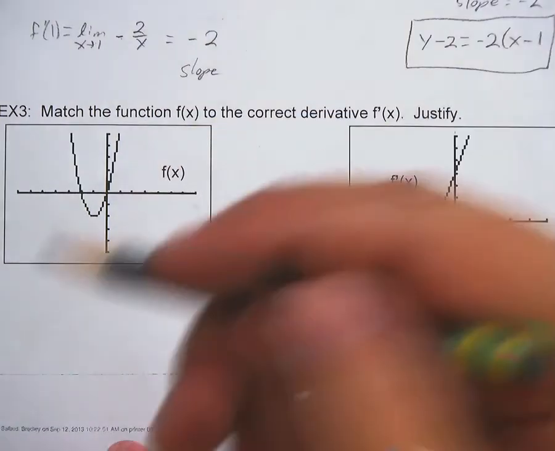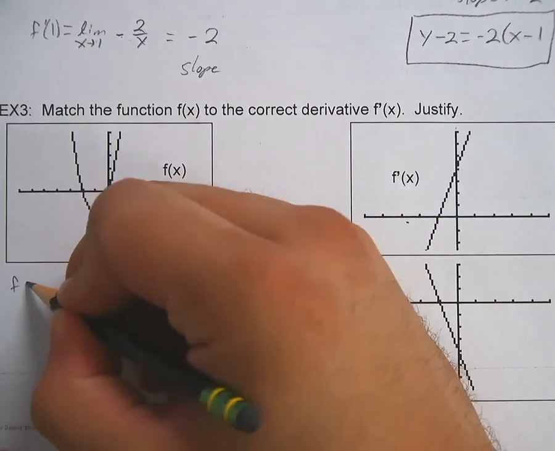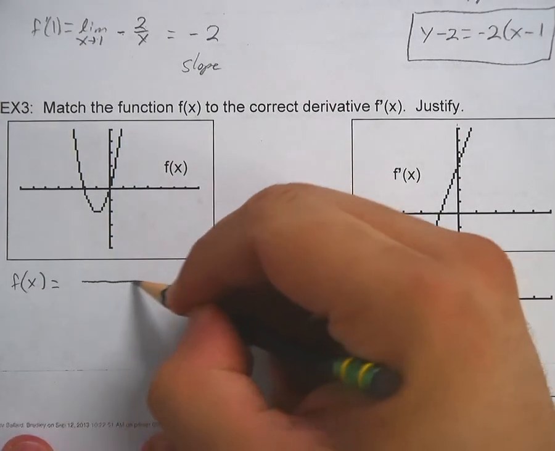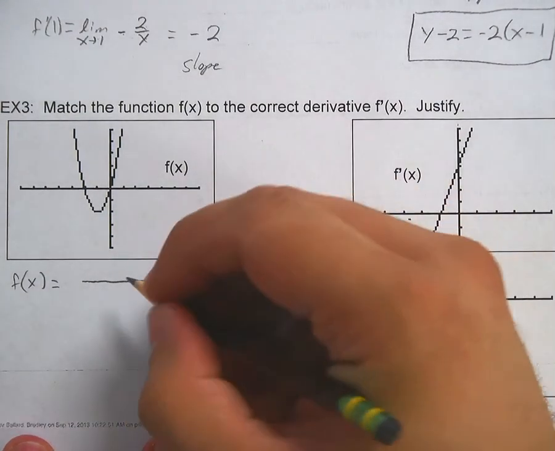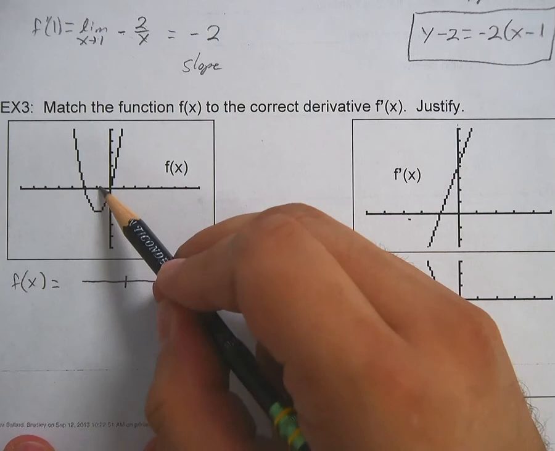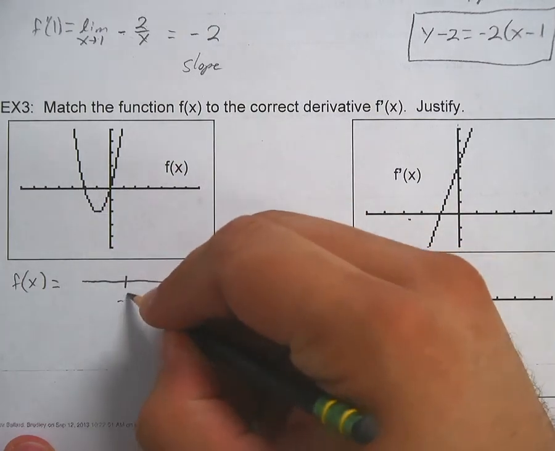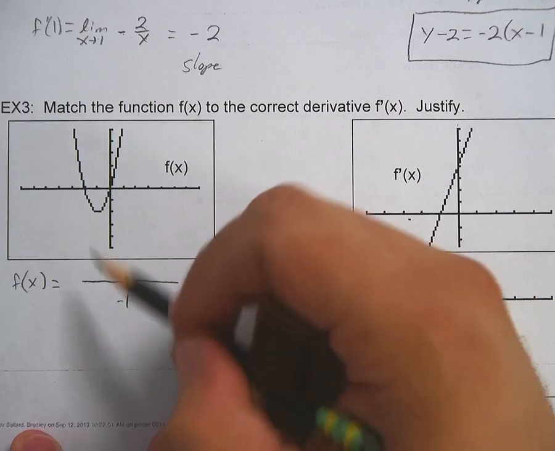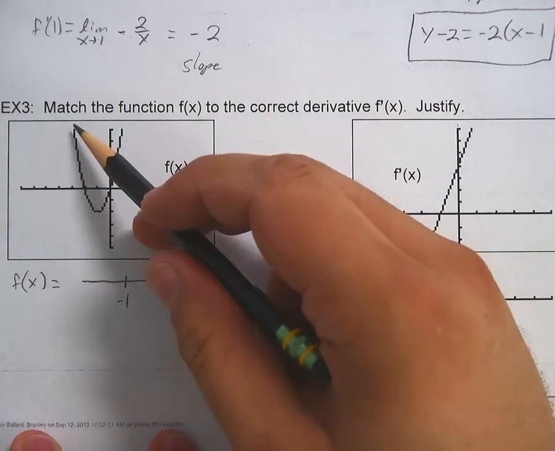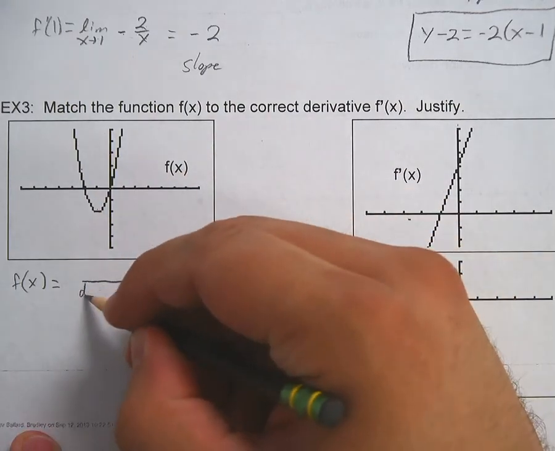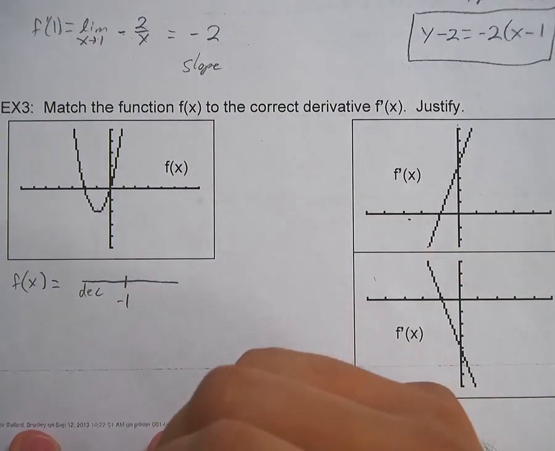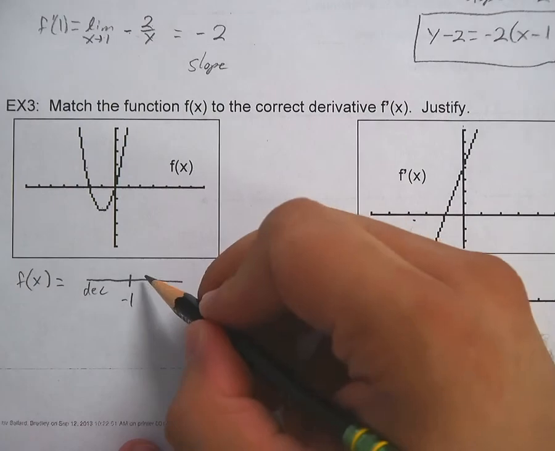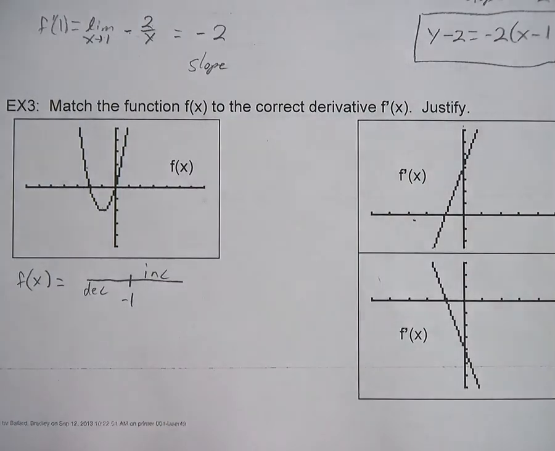Let's write that down, and here's how we're going to do it. Looks kind of like a sign analysis. F of x, you got your little line here. Where it changes is negative 1, and I'm looking at the slope to the left and the slope to the right of that. The slope to the left of that is all negative, decreasing. The slope to the right of negative 1 is all increasing.